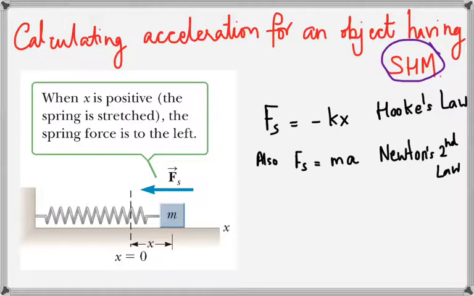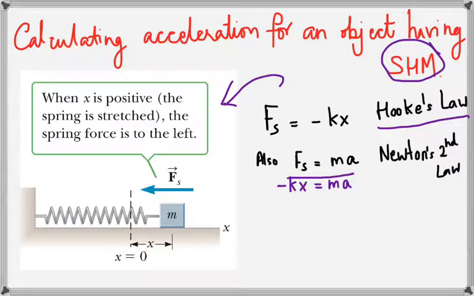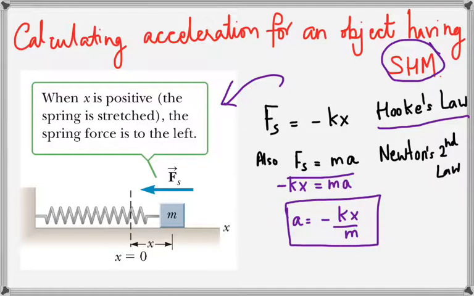We apply Hooke's law for this diagram, which says that Fs is equal to negative kx. Then by Newton's second law, Fs is equal to ma. So we can equate negative kx and ma. We can rearrange it and we get acceleration as negative kx divided by m. That's the formula for calculating acceleration for simple harmonic motion.